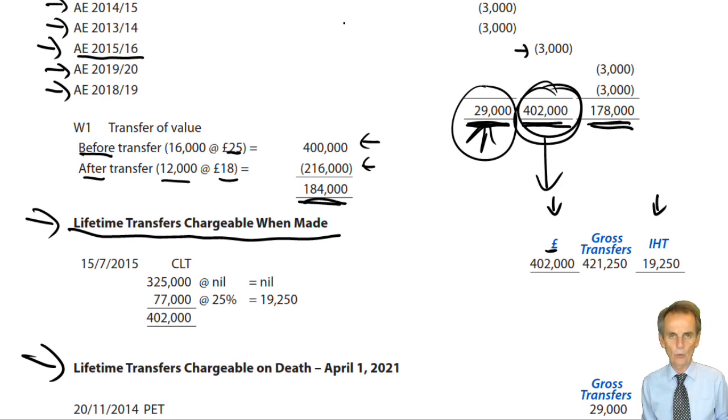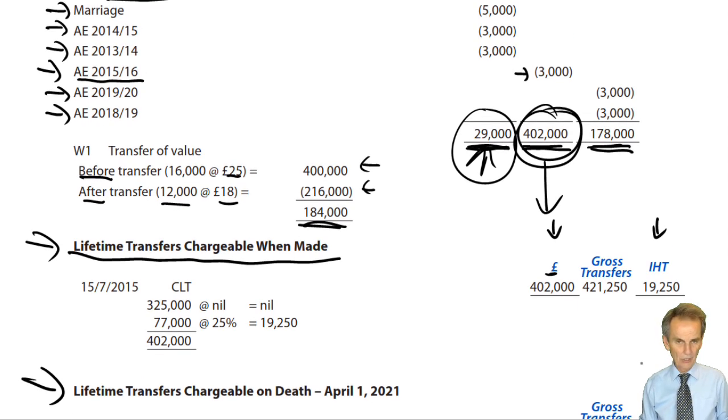It will use the first part of the nil rate band that was in force at the date of death, which is still £325,000, of course, there. But here, lifetime transfers chargeable when made, no. There is only the CLTs. How much was the figure? We know 402.